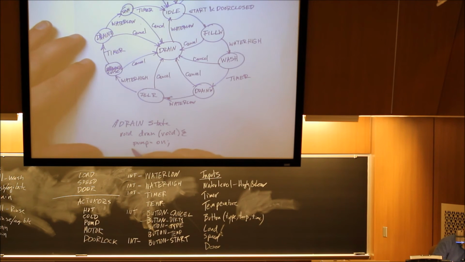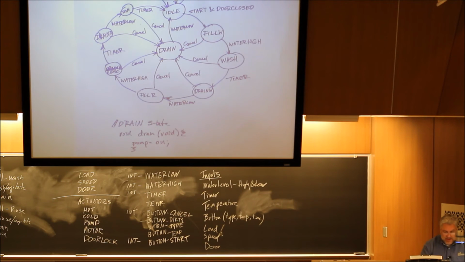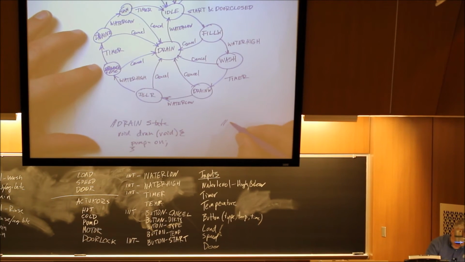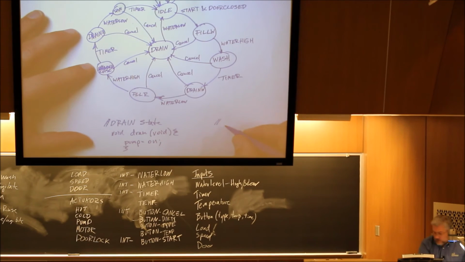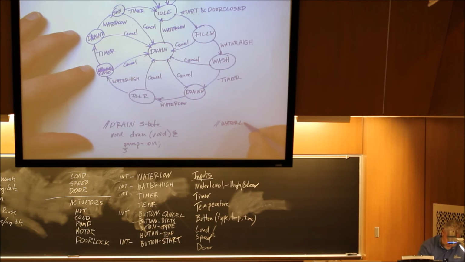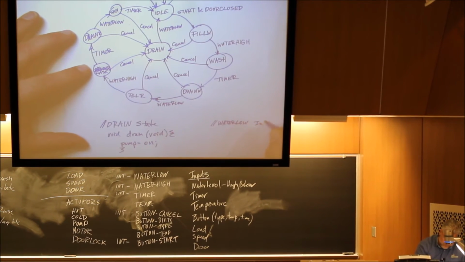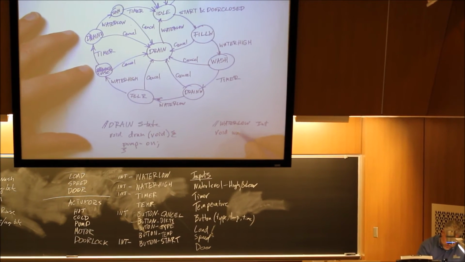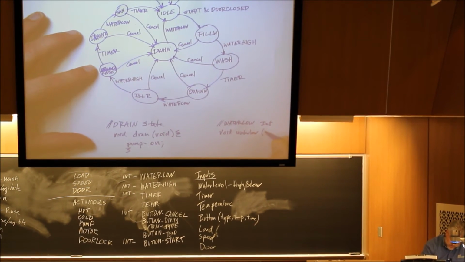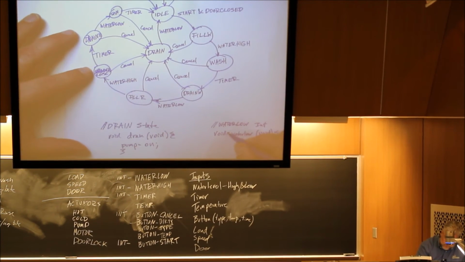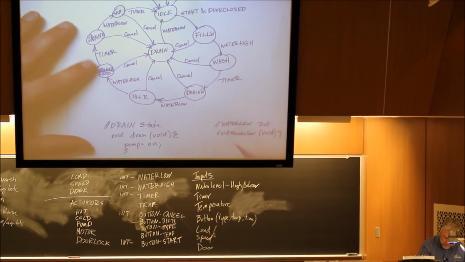So now that means we need another interrupt, right? So let's think about this. What is this called? Water low, right? And this is an ISR, so I'll just put ISR underscore water low.